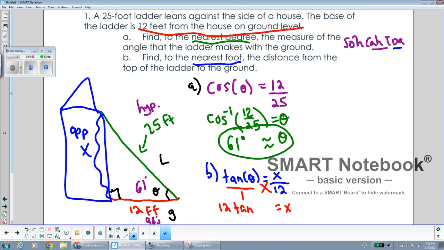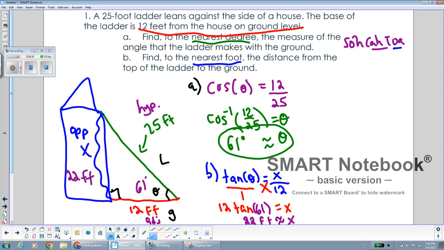I'm just going to replace the unknown over here with what the angle actually is, because we do know that it's 61 degrees from part A. I'm going to plug this into my calculator. 12 tangent button, TAN 61 in the parentheses, and I'm going to hit enter. And it does say to round to the nearest foot. I got 21.6. So x is approximately 22 feet. So I found that this is approximately 22 feet.